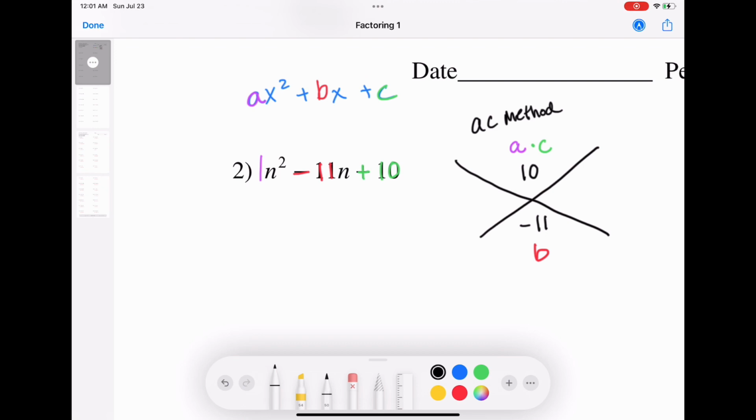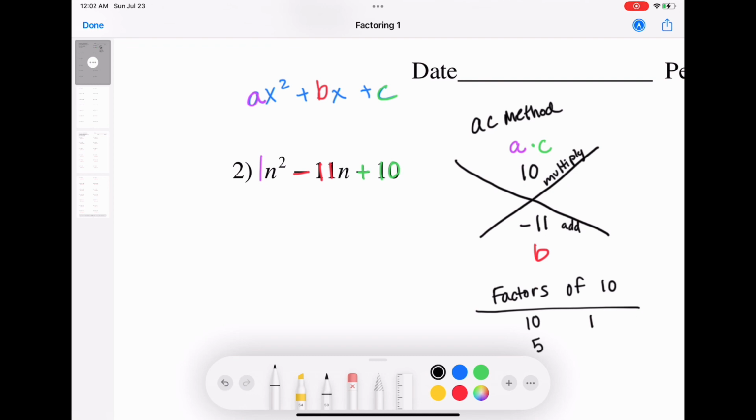Now what we need to do is find factors of the number written in the top, which in this case is positive 10, that are going to multiply to make positive 10, and they're going to add to make negative 11. Okay, so we know we're going to be dealing with some negatives here. So when we write out the factors of 10, to get positive 10, we could do 10 times 1.